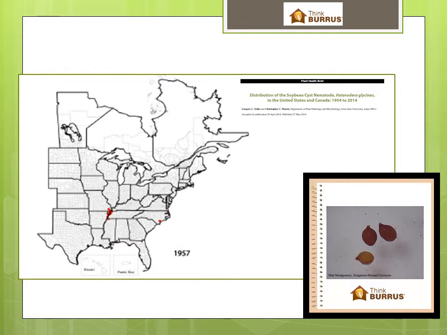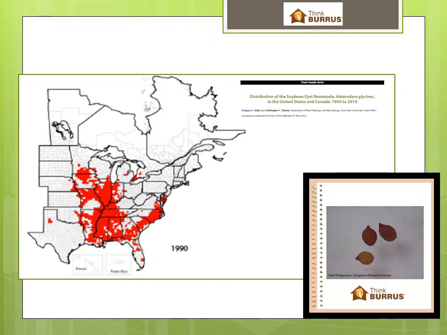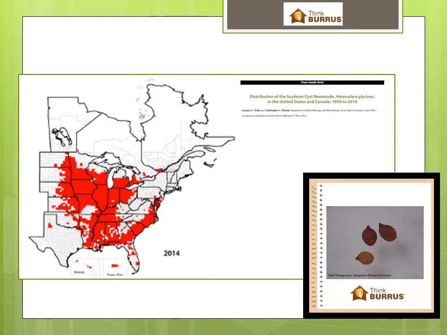It'll give you an idea of how interconnected agriculture is, how we move equipment around and actually spread this on our own from that first introduction in the late 50s. You can see this is the distribution of soybean cyst nematode as of 1990. As of 1990, it basically was distributed throughout the Midwest. And if you look at 2014, it's basically everywhere. If you produce beans, soybean cyst nematode is in your neighborhood.